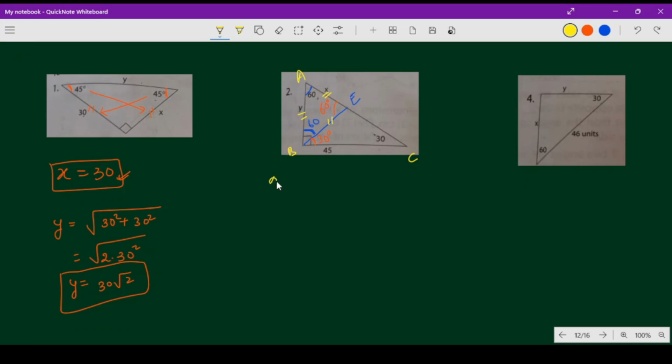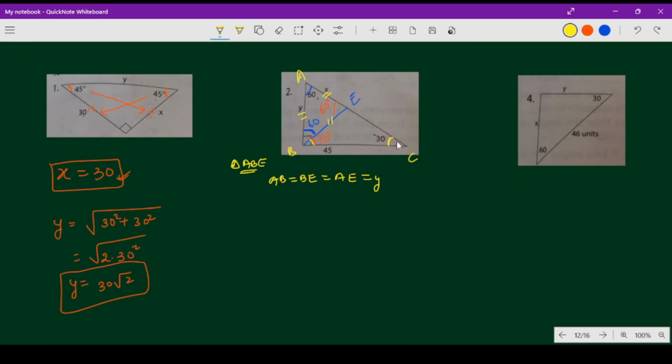So from here we got AB is equal to BE is equal to AE, all equal to y because of the equilateral triangle, right? Triangle ABE is equilateral.